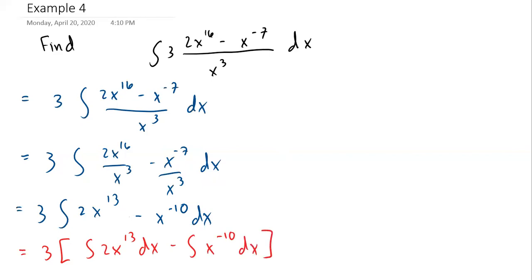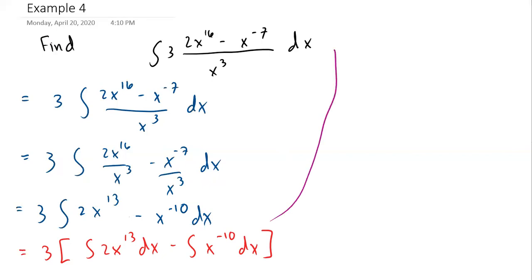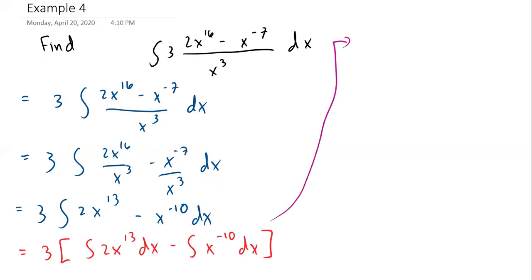And again, I can do that by the sum property. I'm going to simplify that even more. Actually, I'm going to go to another page so I have more space. So right now I have this. I'm going to distribute the 3 out.